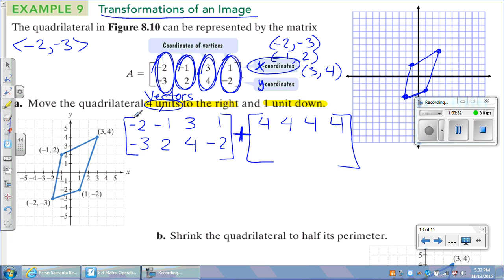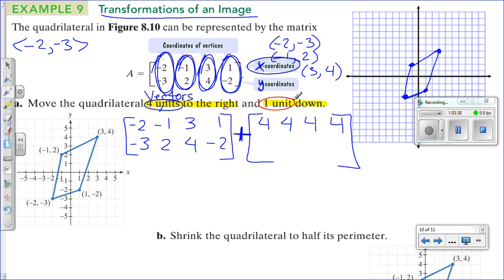Now we want to move the shape 1 unit down. So we need to do some type of change to the y coordinates, which are the second row. And since we want to move that down, we will subtract 1 from every y coordinate. Or add -1. Same thing.